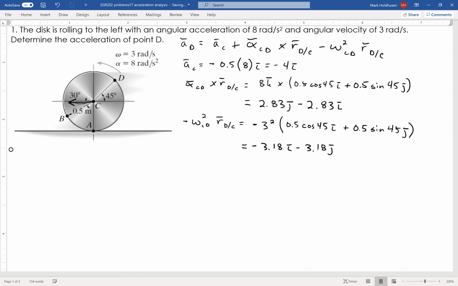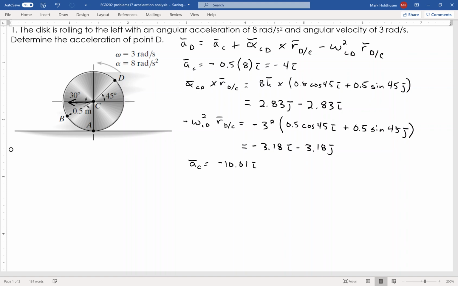Now, the acceleration of D is just adding up all the I's, adding up all the J's. So I add up the I's, I get the negative 4, negative 2.83, and negative 3.18, all of the I's, and that comes out to negative 10.01 in the I direction.